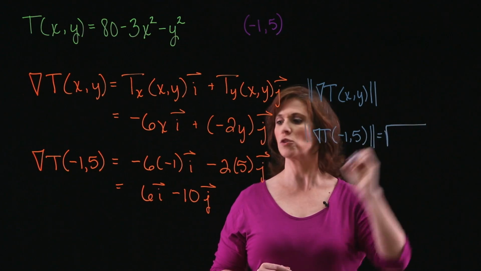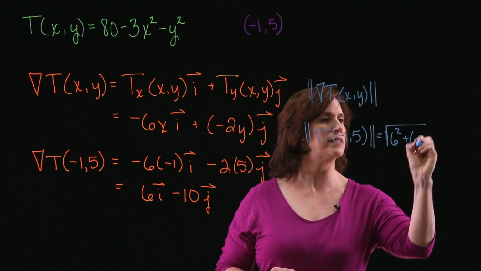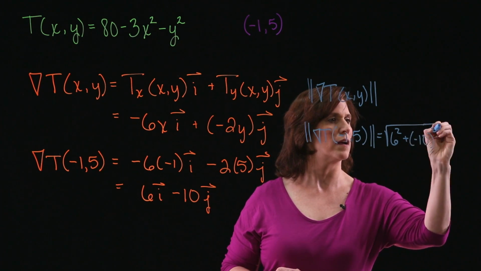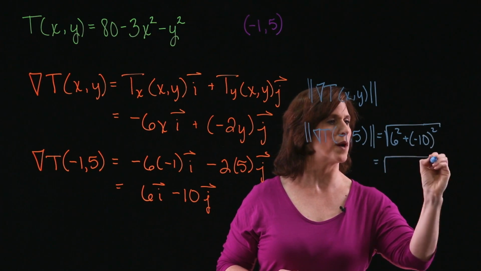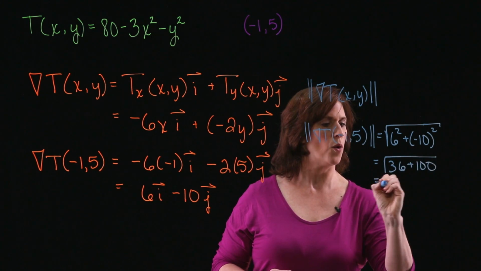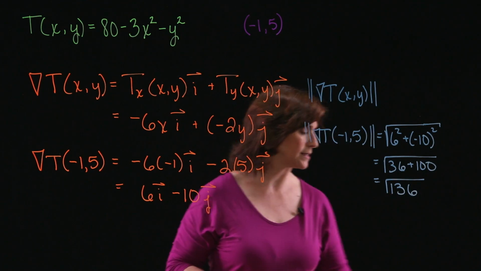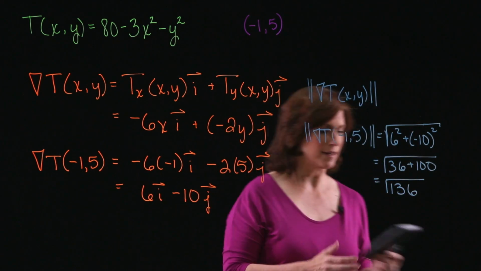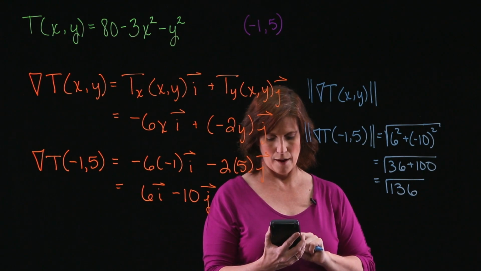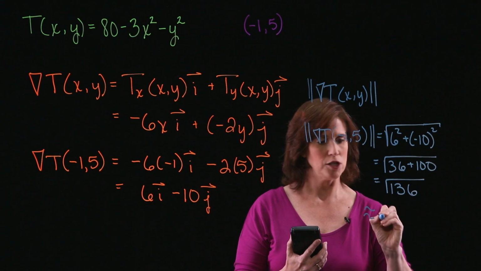So that's going to be the square root of 6 squared plus a minus 10 squared, which is going to be the square root of 36 plus 100, or the square root of 136. And you can calculate that.